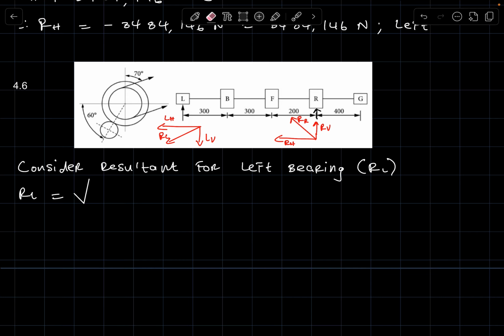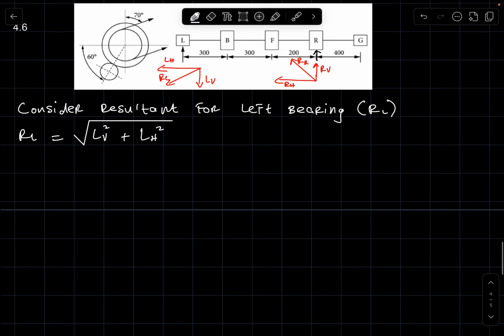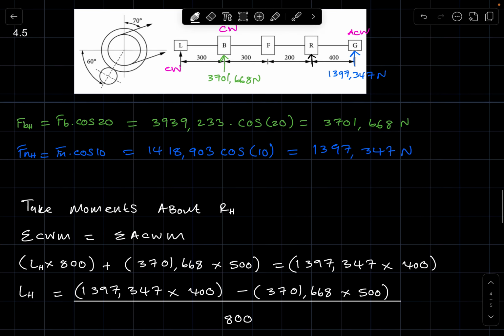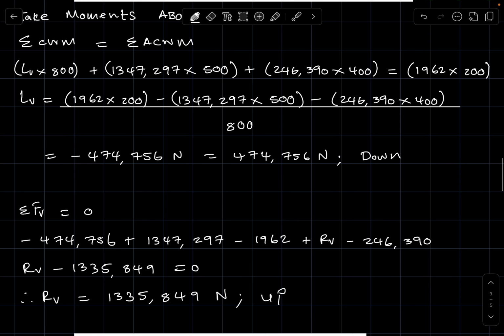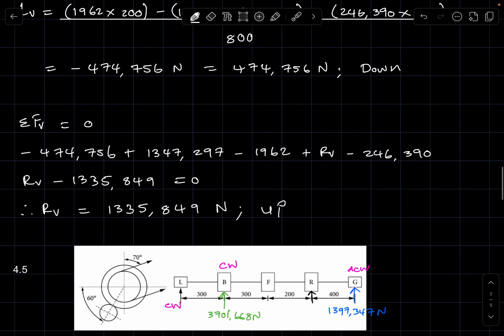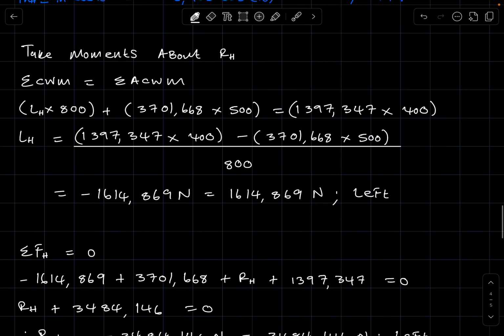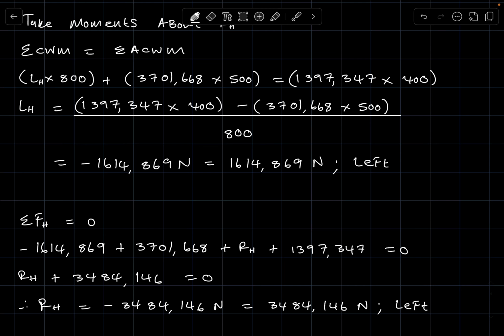So you have, for instance, RL equals the square root of LV squared plus LH squared. Right, what is LV equal to? LV is 474,756, and then LH is 1614,869.